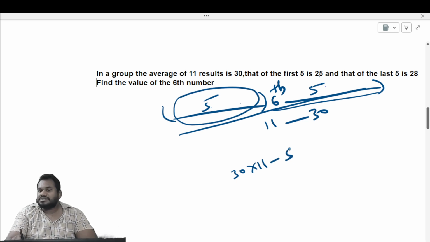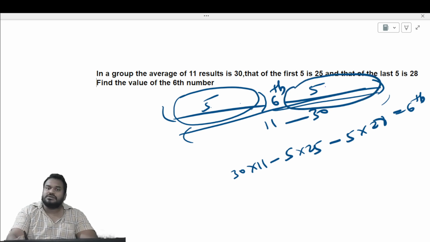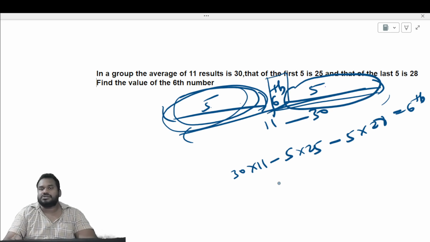Then minus 5 into 25 minus 5 into 28 will give you the 6th number, because I am finding the sum of all the numbers and then removing these two values. Then it will give you the middle value, the 6th number. So that is nothing but 30 into 11 minus 5 into 25 minus 5 into 28.